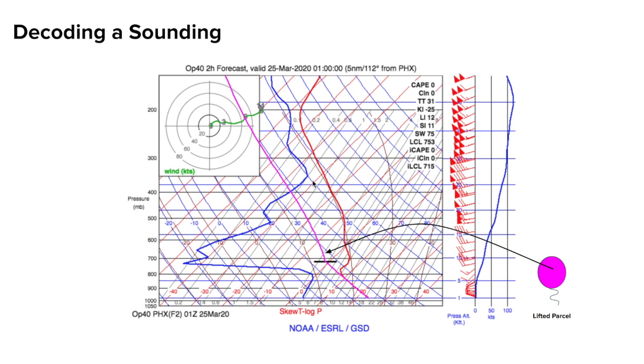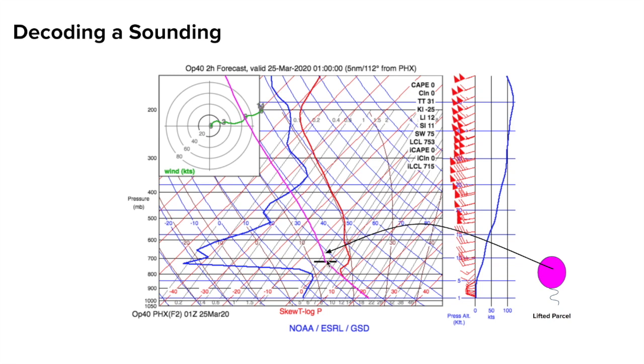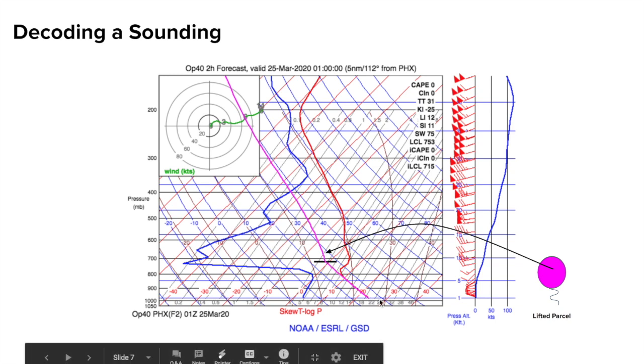Okay, so further decoding a sounding: when we go into the Java tool, we can click anywhere along this graph, but typically you want to click right where the temperature starts. It gives you a magenta line, which is a theoretical lapse rate of a parcel of air.